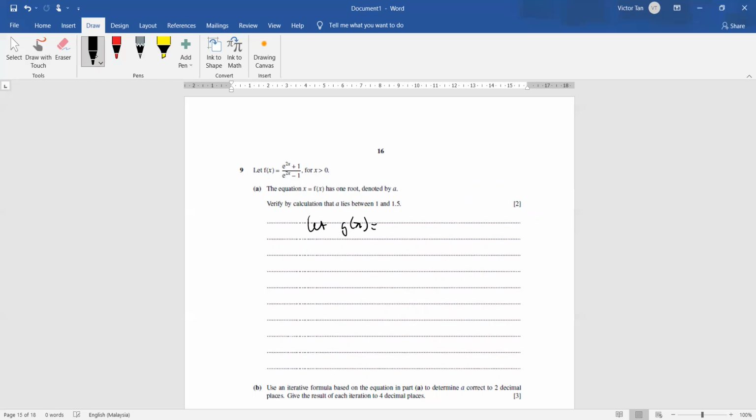So you let g of x equal x minus e to the power of 2x plus 1 over e to the power of 2x minus 1.